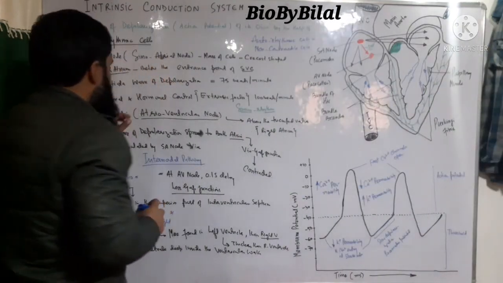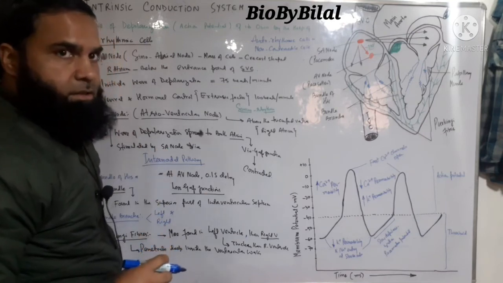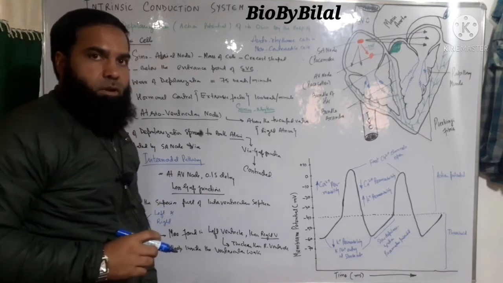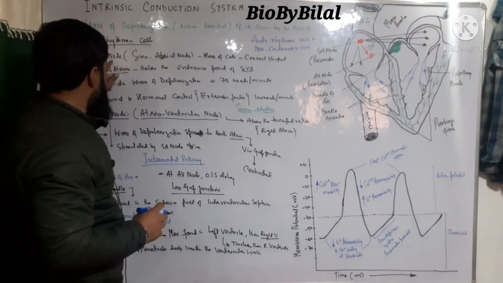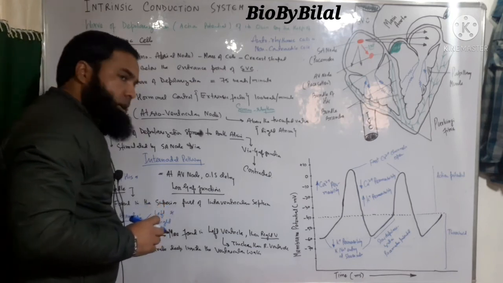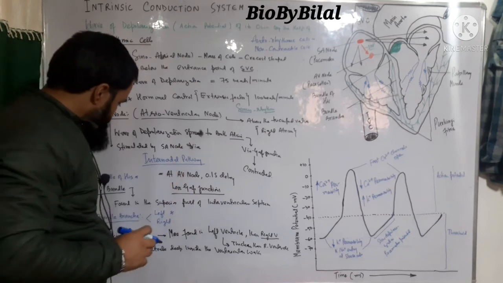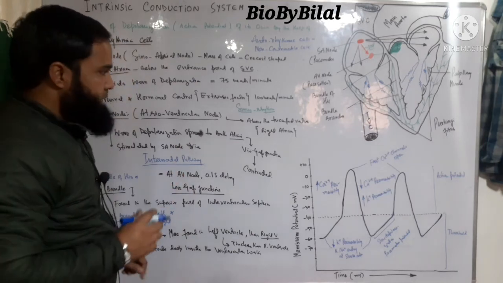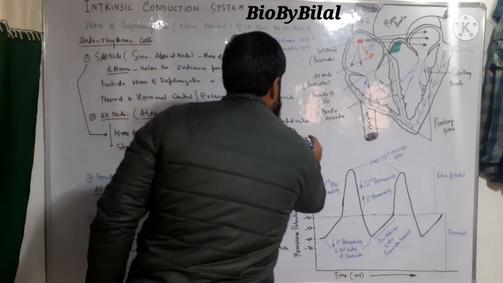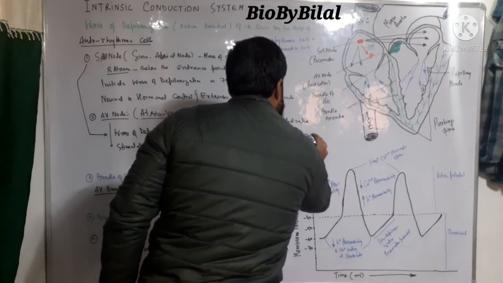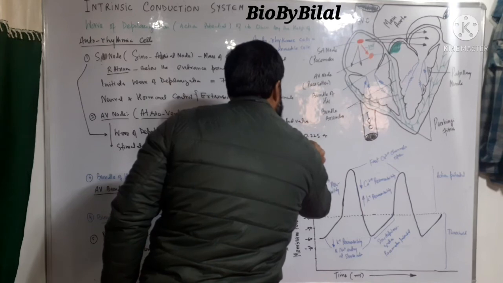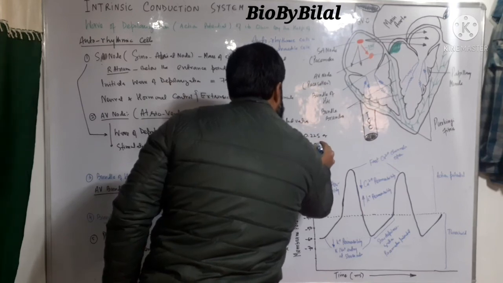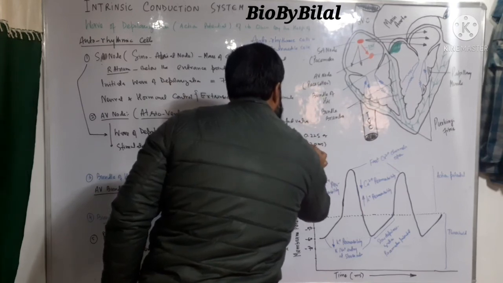As far as the depolarization wave is concerned, the time it takes from the SA node to the last cell of the Purkinje fiber is about 0.22 seconds, or 220 milliseconds.